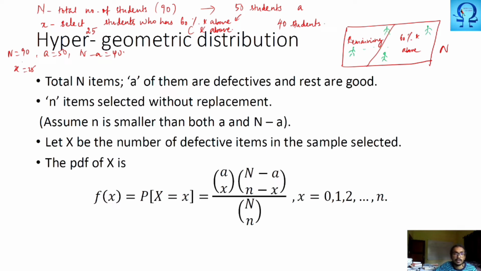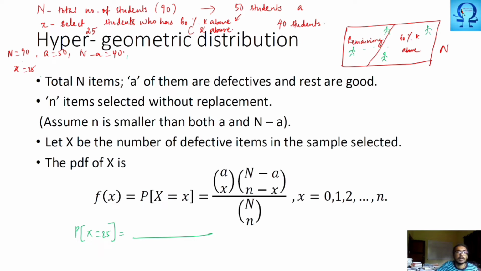Now I need to look for the probability that these 25 students in the sample are selected. So my probability of x equals 25 would be, I need to tell n as well, right?